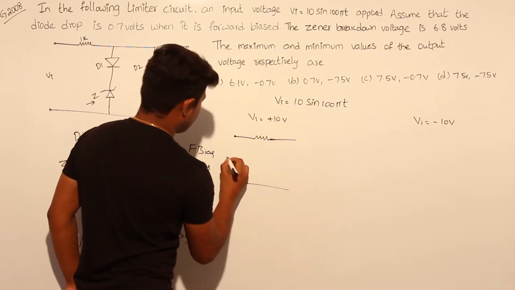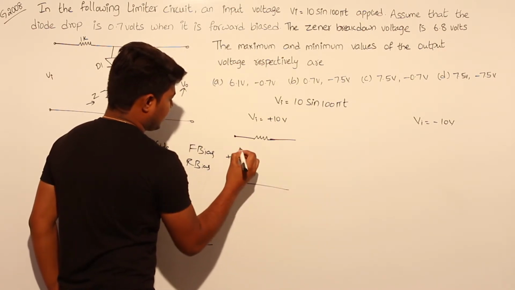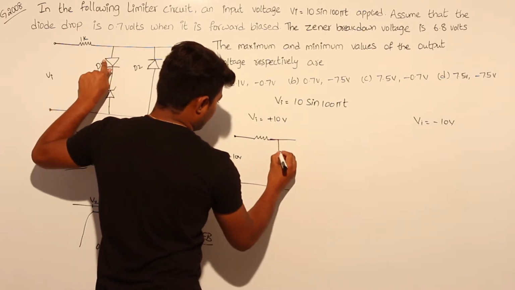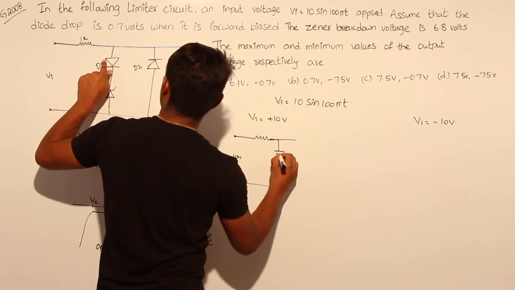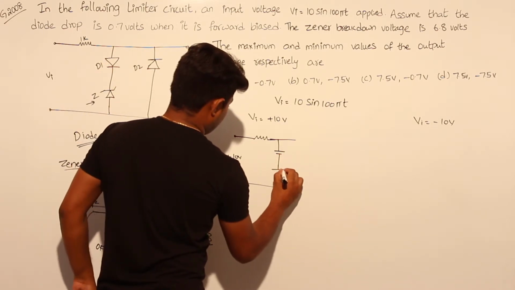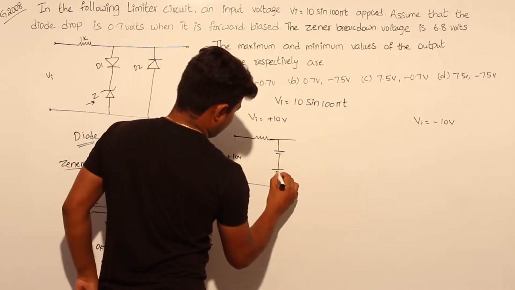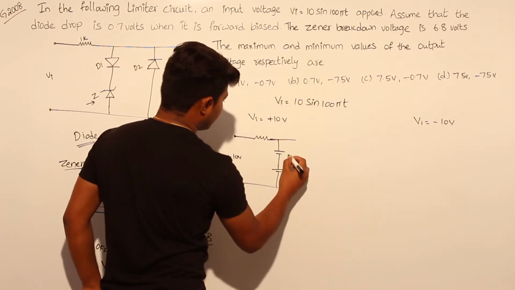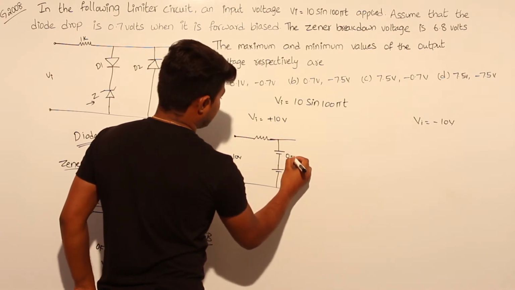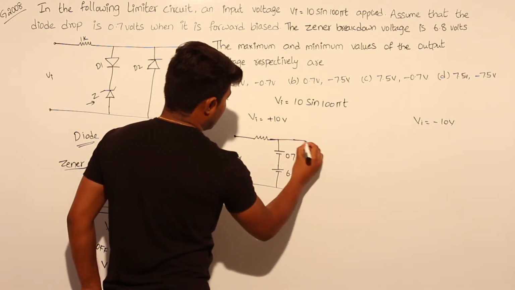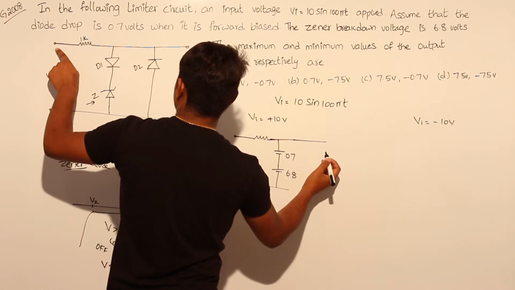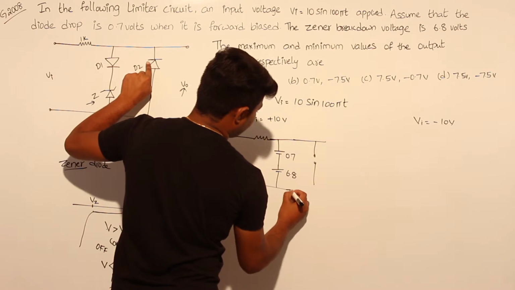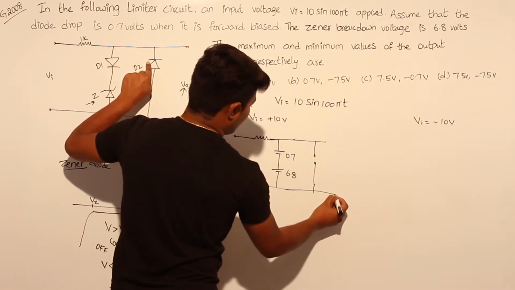Now assume that plus 10 volts is applied to the P side, so the diode will be in forward bias, and the Zener diode will maintain a constant breakdown voltage. The other one will be in forward bias, maintaining 0.7 volts as given in the question. Here, plus 10 volts is applied to the N side, so this will be in reverse bias, acting as an open circuit.